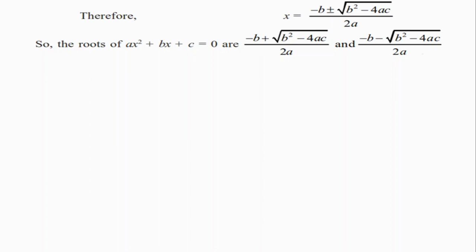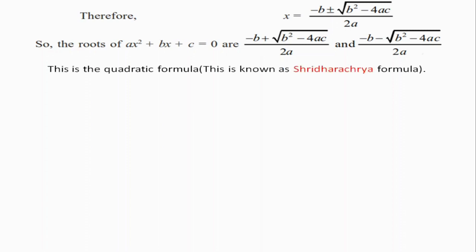Either take the plus sign or the minus sign. So the roots are the zeros of the quadratic equation ax square plus bx plus c equal to 0: minus b plus root over b square minus 4ac over 2a, or minus b minus root over b square minus 4ac upon 2a. This formula is also known as Sridharacharya formula.